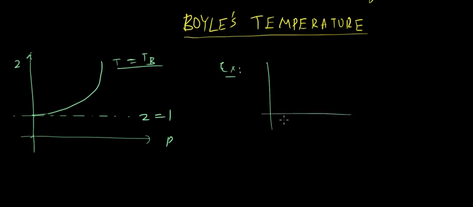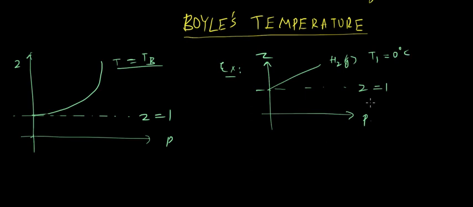So suppose we have this graph, again between Z and P. We would have the same hydrogen gas at T1 equals to 0 degree Celsius, and the same hydrogen graph at, let's say, T2.